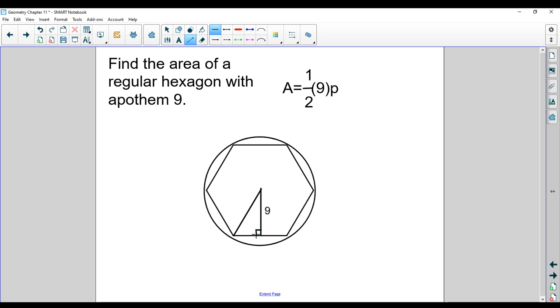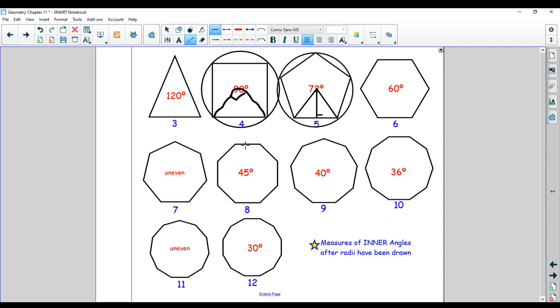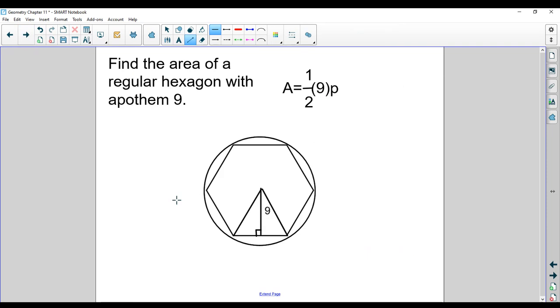The first thing we want to find is what's the central angle that's created by a hexagon. Well, if we go back to our chart here, a hexagon has a 60-degree angle created by the central angles of the radii of a hexagon.